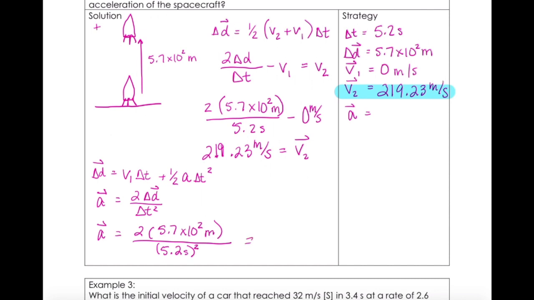And we should get that the acceleration is 42.16 meters per second squared, and this would be up. Okay, and I didn't put up for this one as well, but it would be up. Okay, the positive annotation for it gives it the positive direction as well. Okay, so our acceleration we found was 42.16 meters per second squared.